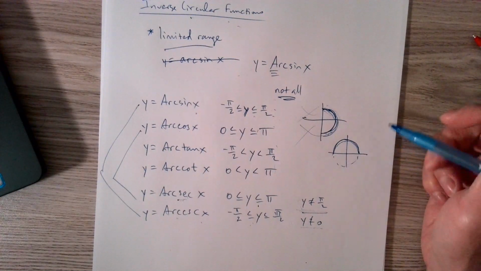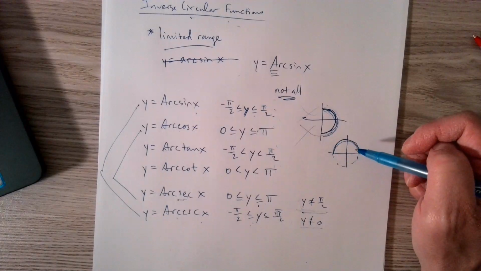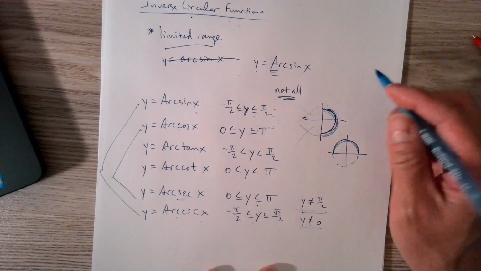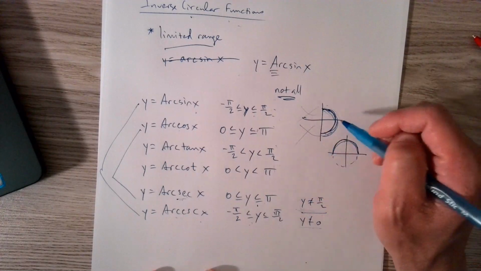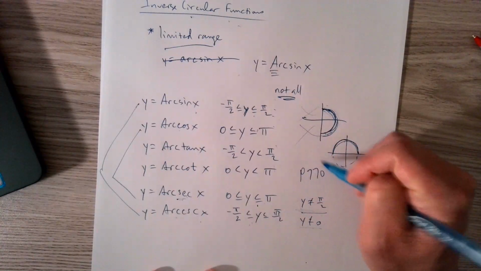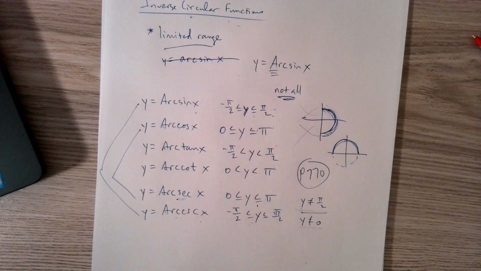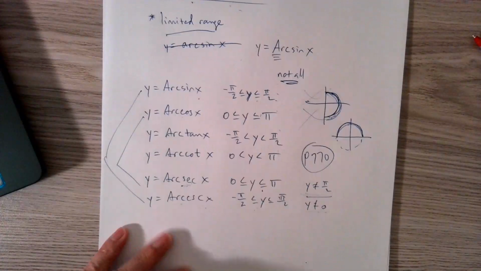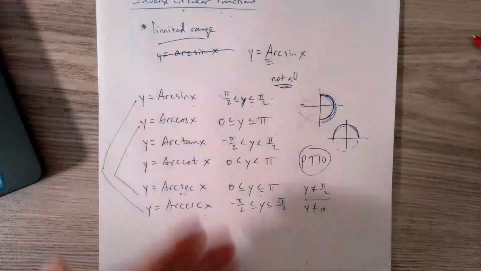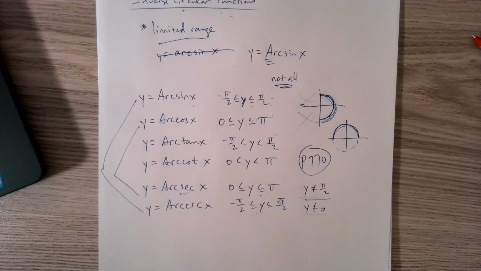All of this stuff are just copies of everything in quadrant 1 and 2. Okay, on page 770, there's a further explanation of where these ranges come from. I'm not going to go into it here. It's just too much graphing. But if you want to know why these are the ranges we use, you can look there.